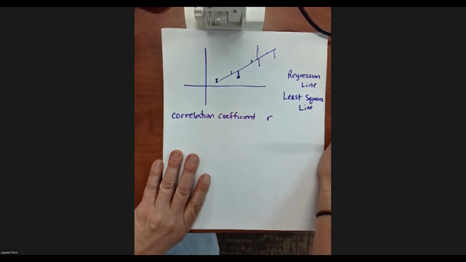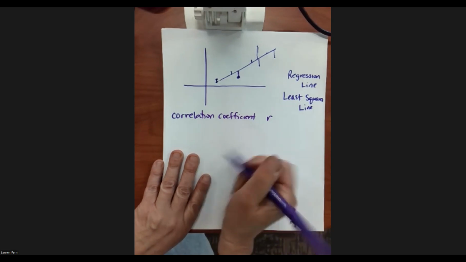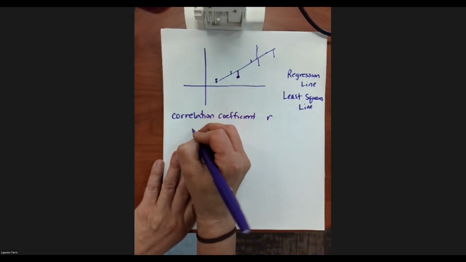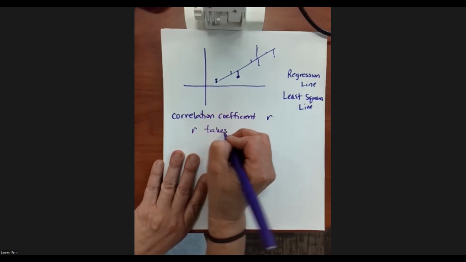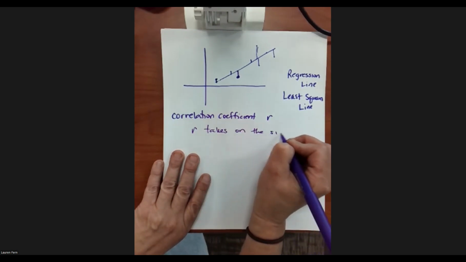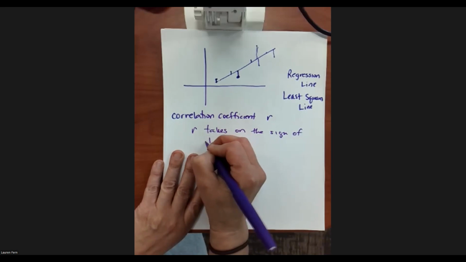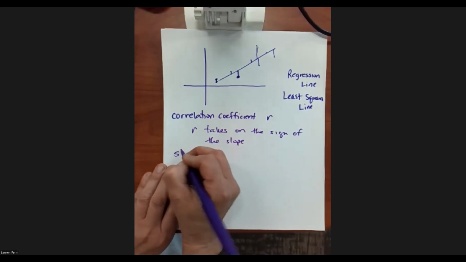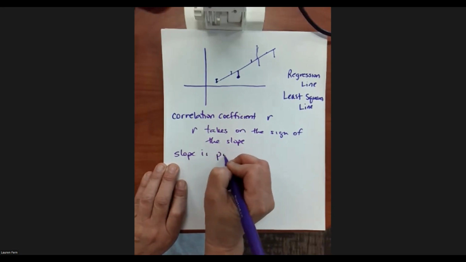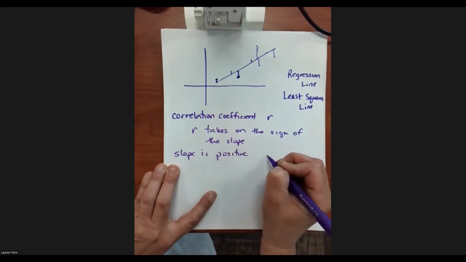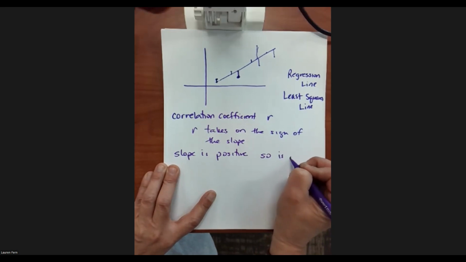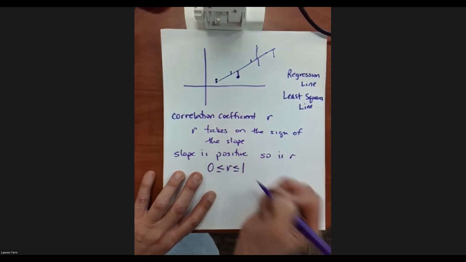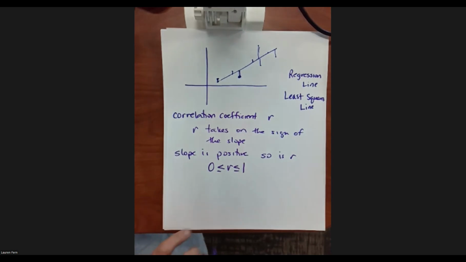That's a value R. And I'm going to tell you some things about R. R takes on the sign of the slope. So if the slope of your line is positive, so is R. And in fact, R is between 0 and 1.